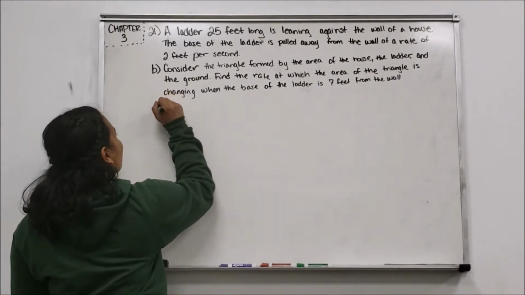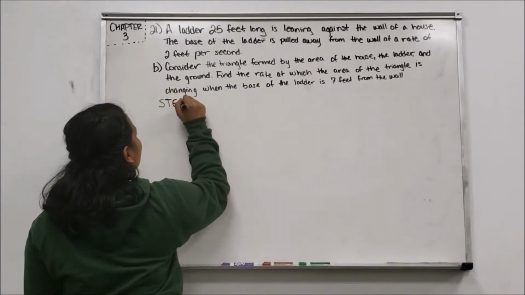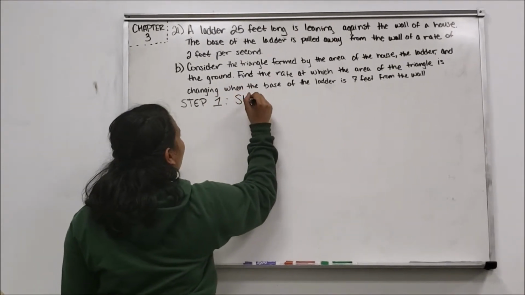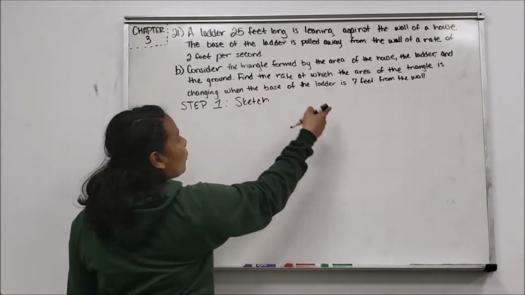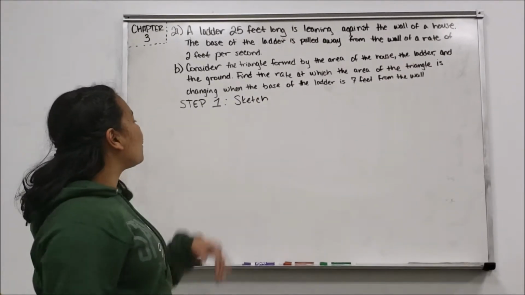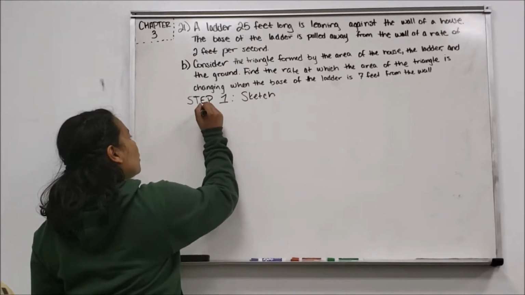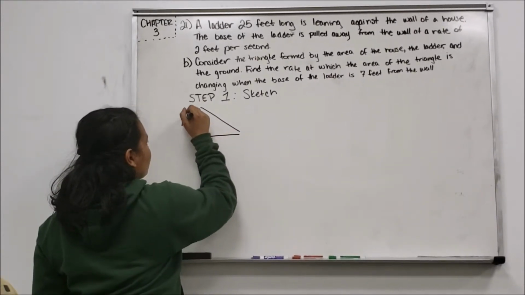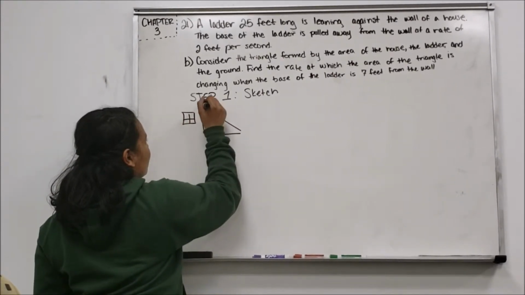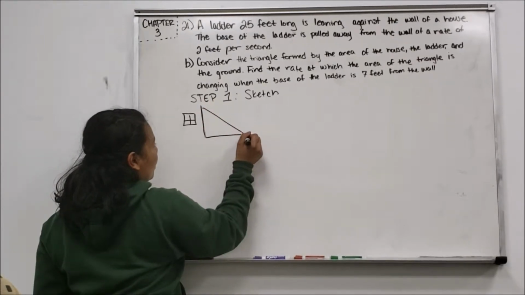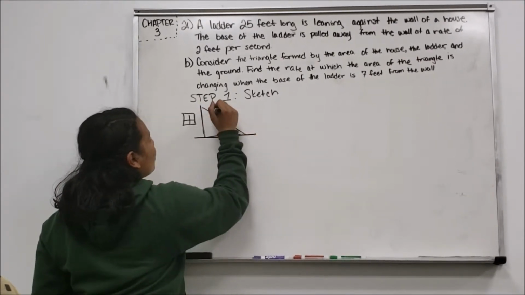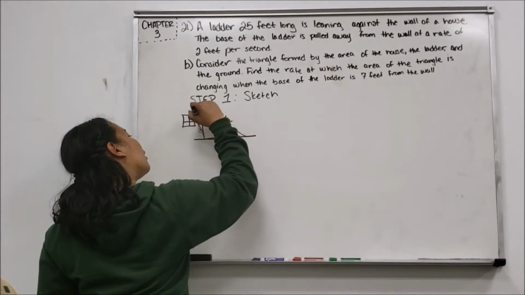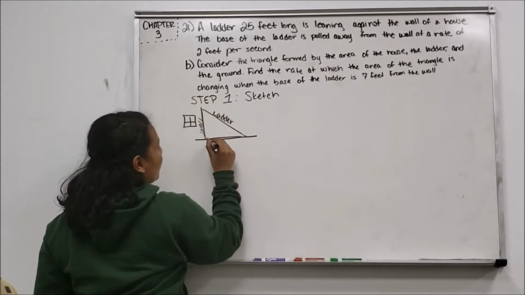So we're going to start with step 1. We just sketch, and we're going to take all the information that we have from Part A when we found the 7 feet and use it here. So I'm going to draw my triangle out, got my house, got my ladder, and I have my base.